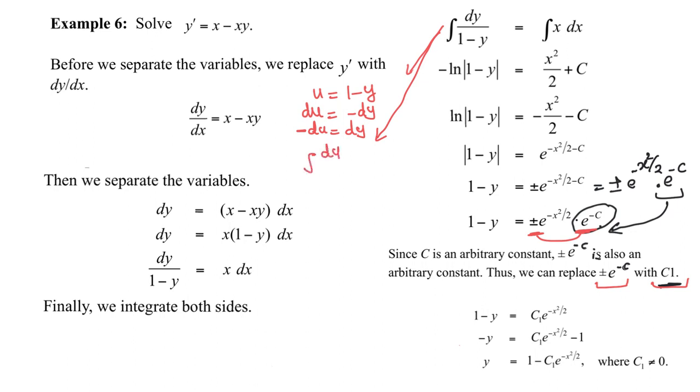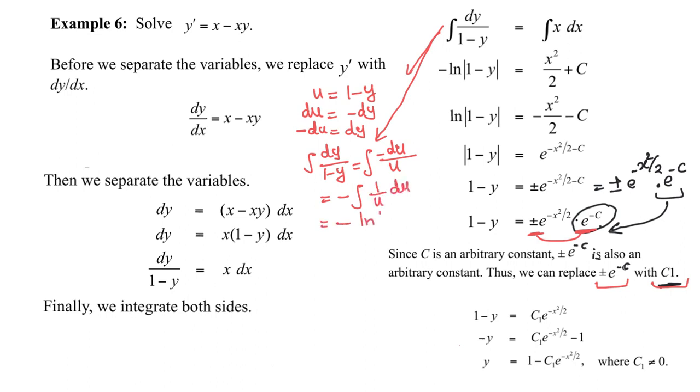So the integral of dy over 1 minus y: dy is negative du, right? And 1 minus y is just u. Negative du over u. That is the same as writing negative 1 over u du.